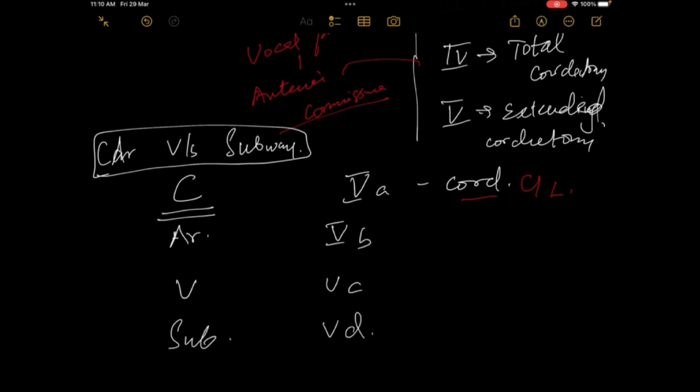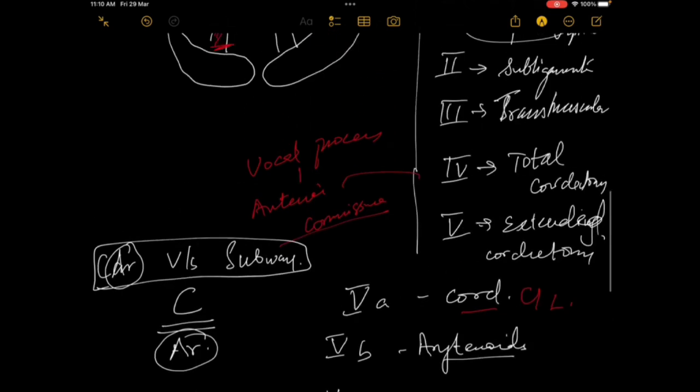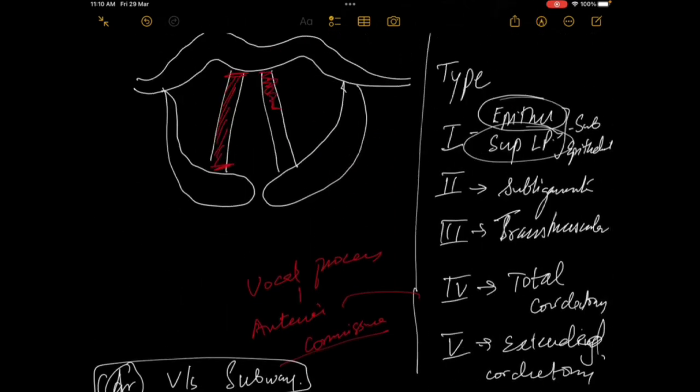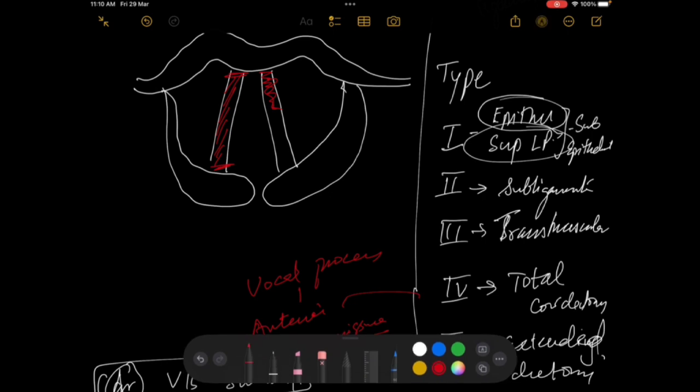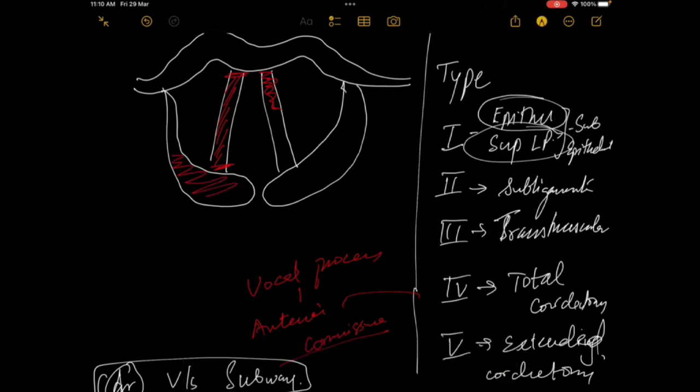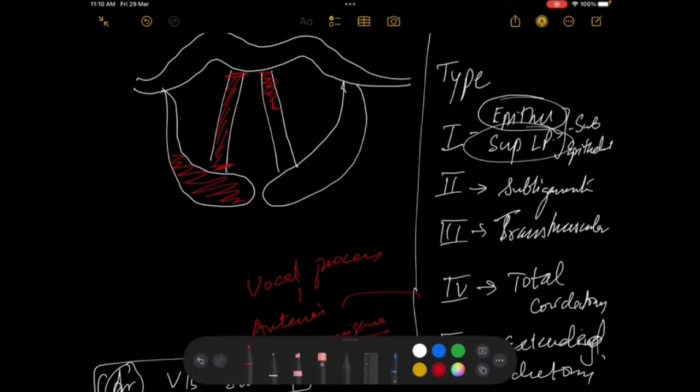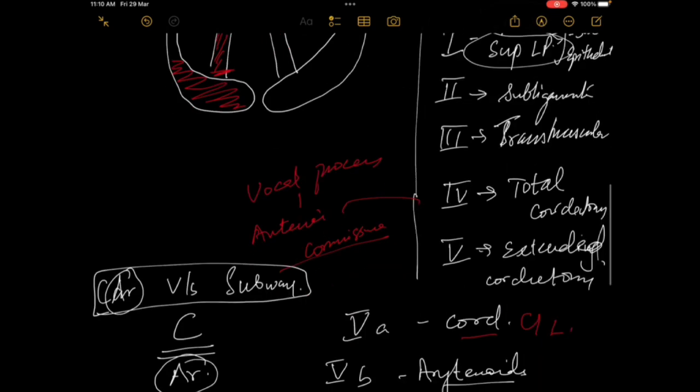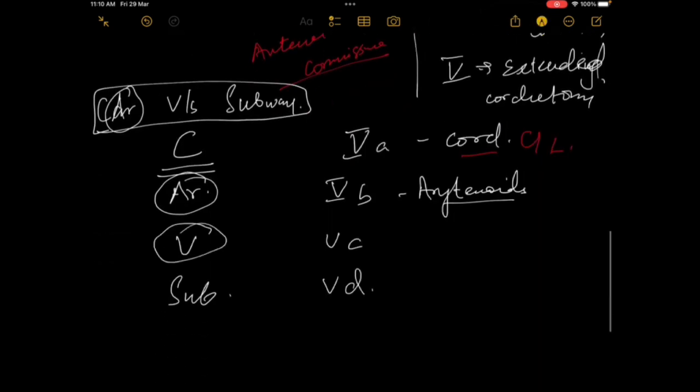Now the AR. AR stands for arytenoid. So in type 5B, we are doing a total cordectomy plus we are removing the arytenoid also. Now type C is versus. The V is for ventricular fold.